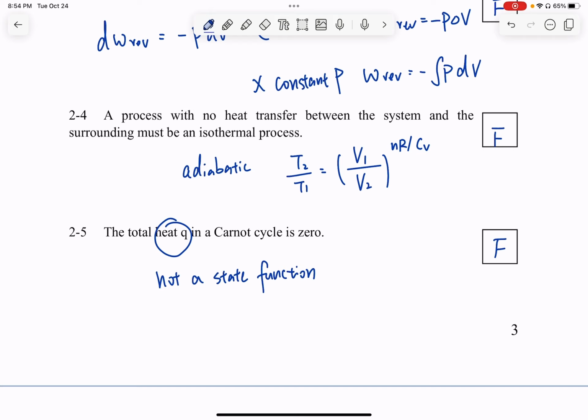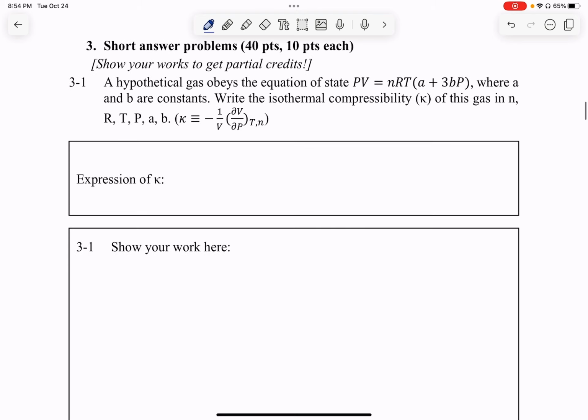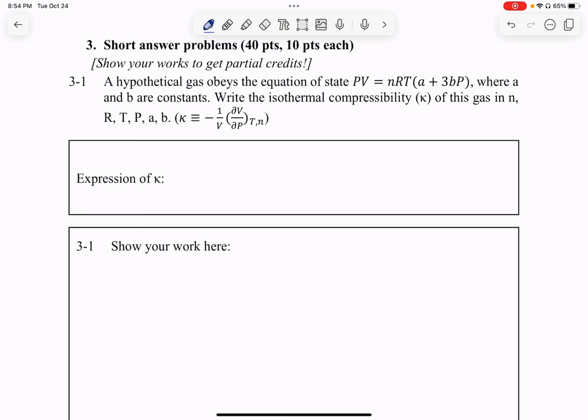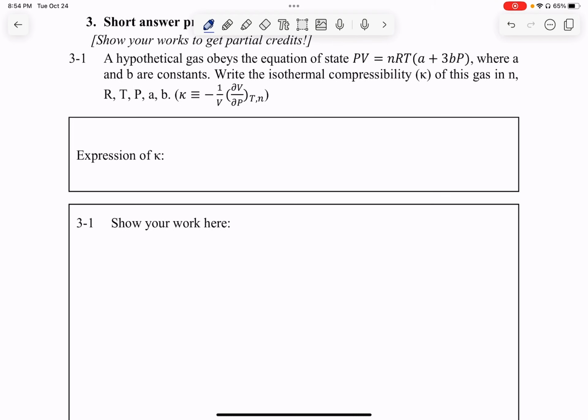All right, let's keep going. Now, short answer problems. First one: a hypothetical gas obeys the equation PV equals nRT(A plus 3BP), where A and B are constants. Write the isothermal compressibility. This one is a simple derivation. For chi, we want the partial derivative of V over P at constant T, n.